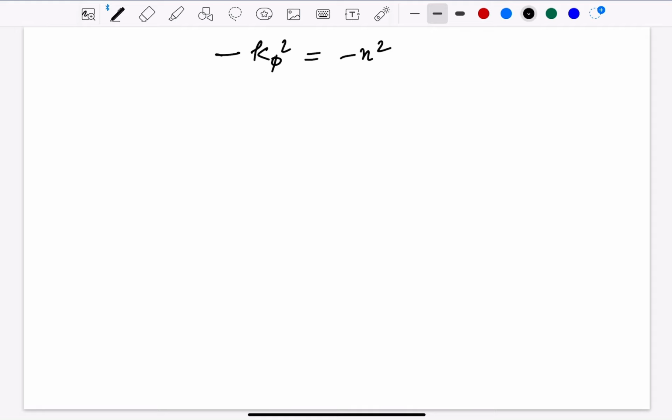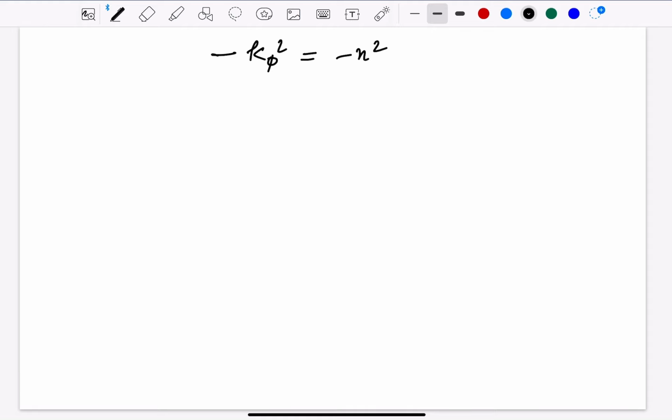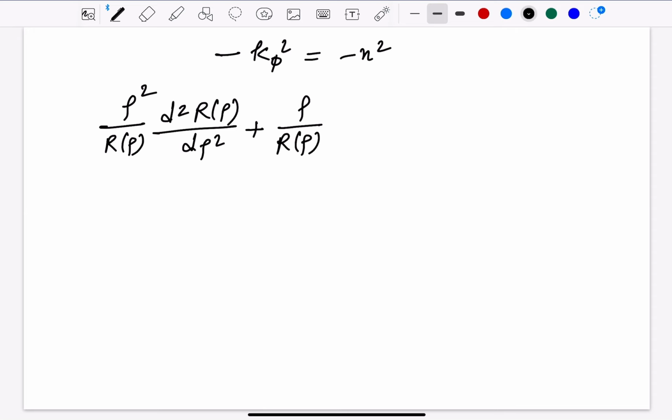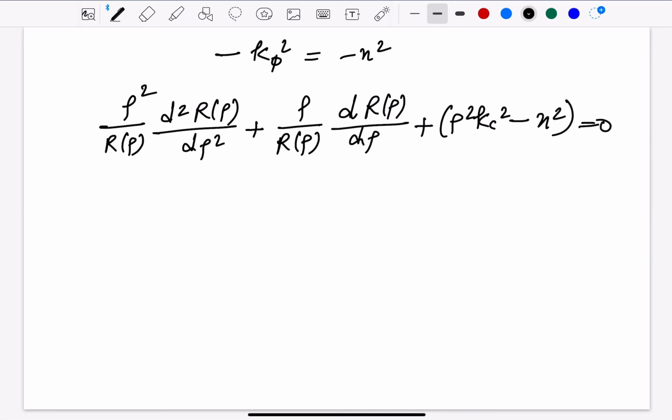So I may write rho square d square r over d rho square plus rho dr over d rho plus rho square kc square, and then of course minus n square, is equal to 0.